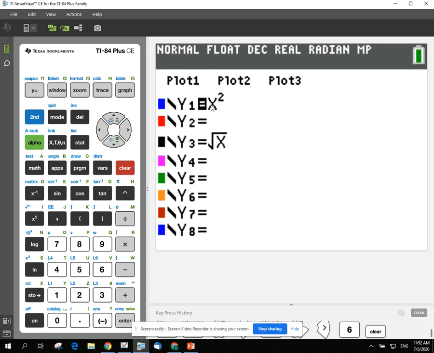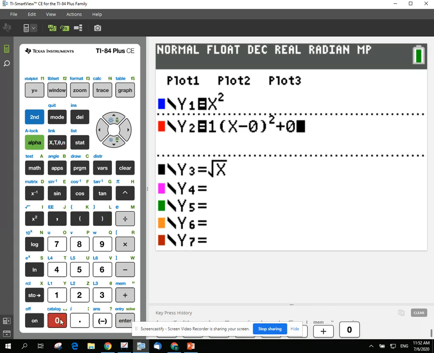Okay, let me show you on my calculator. Here I have graphed y equals x squared. The main point I want you to realize is that if I type in 1 parenthesis x minus 0 close parenthesis squared plus 0, it looks more like vertex form, but it really is identical to the one above it, right?